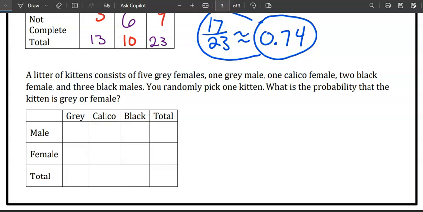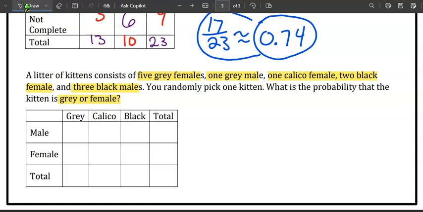A litter of kittens consists of 5 gray females, 1 gray male, 1 calico female, 2 black female, and 3 black male. You randomly pick 1 kitten. What's the probability that the kitten is gray or female? Let's write out our givens first.